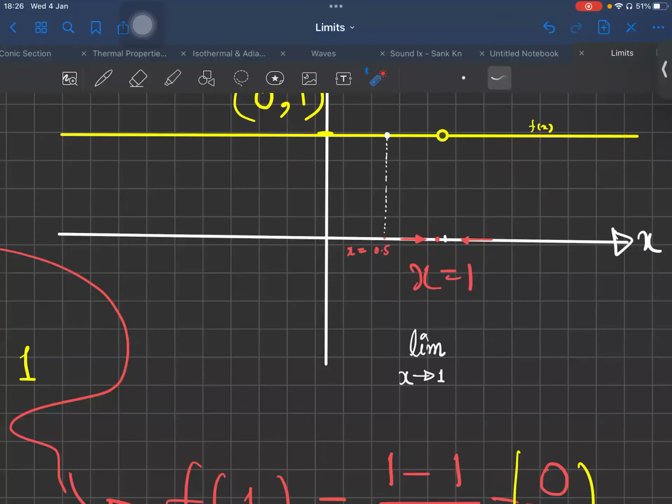So what is the value here? The function f of x is equal to what? 1, isn't it? For this function, if x is not equal to 1, because f of 1 is not defined.